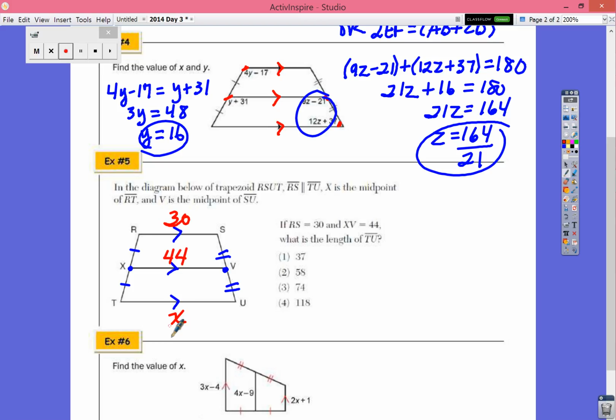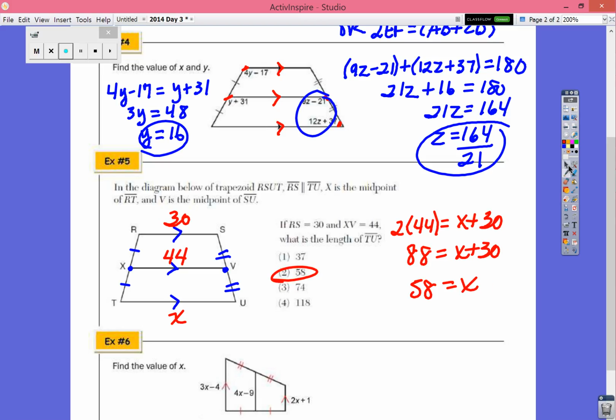So I'm going to call that x. Again, you can set it up as 44, the mid-segment or median, is half the sum of the bases, or you can say that twice the median is equal to the sum of the bases. So I've got 88 is equal to x plus 30, subtract 30, and 58 is equivalent to x. So that is answer choice 2.